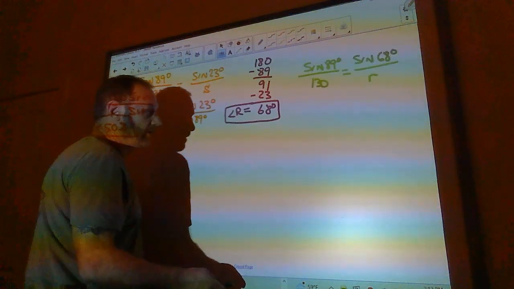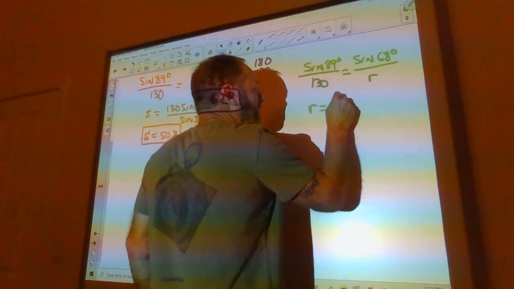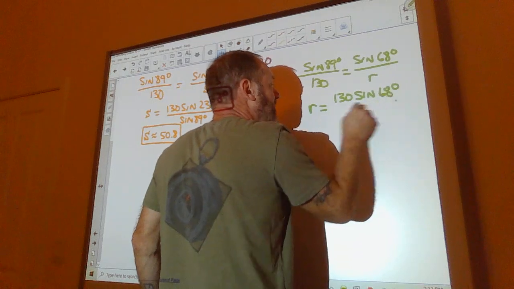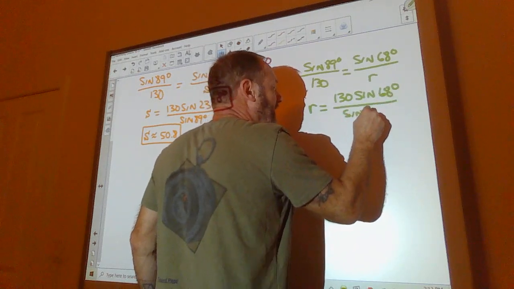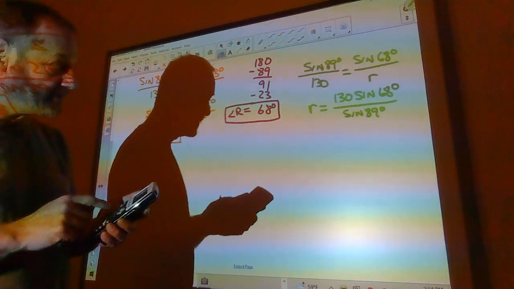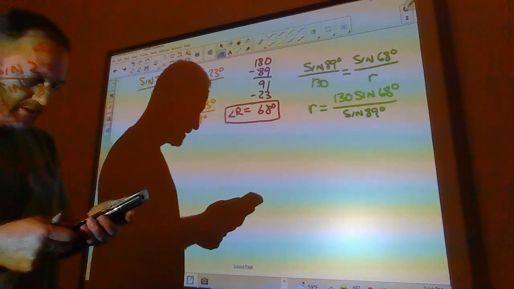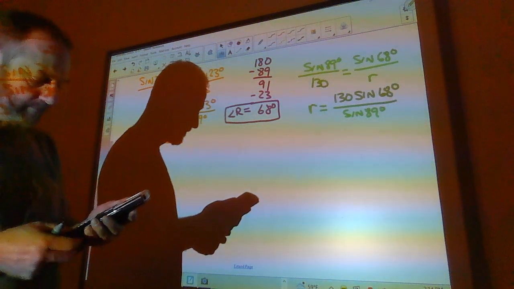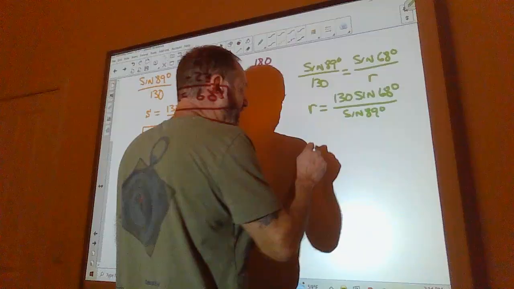And now I can figure out r, because r is going to be 130 sine 68 divided by sine of 89. So 130 sine 68 divided by sine of 89. It's about 120.55.